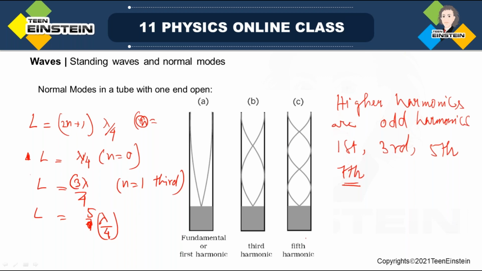This is the integral multiple: lambda by 4 is the fundamental one. Lambda by 4 into 3 is the third harmonic, lambda by 4 into 5 is the fifth harmonic. So we'll have the odd harmonics in case of a closed pipe.